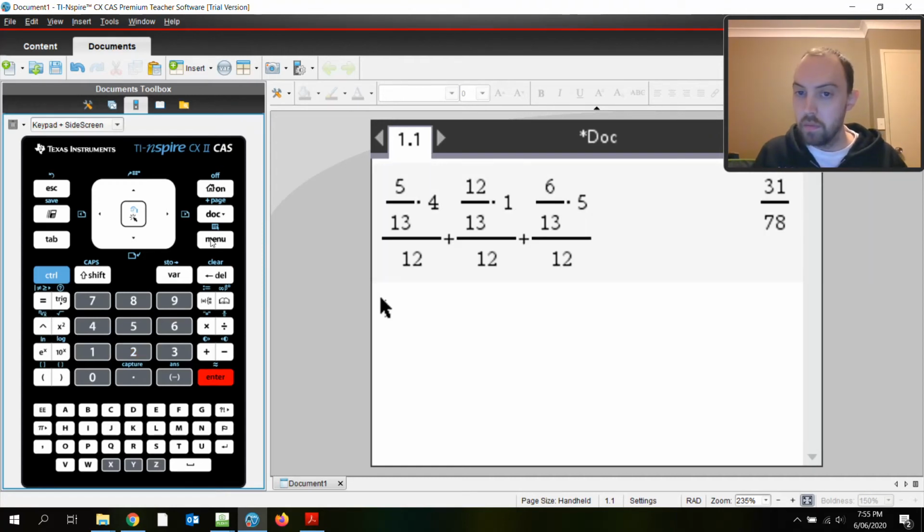Yep. Doesn't look quite right. Maybe I'll double check using my fraction button. That should still work.